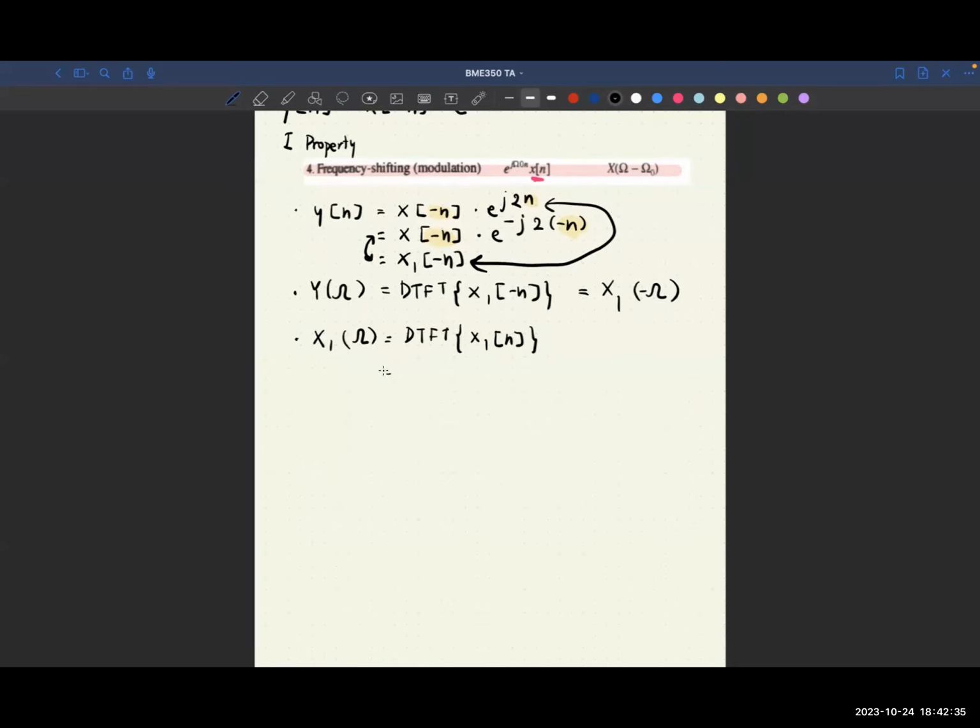And because we say that x1 of n is equal to x of n times e to the power of 2jn. Let me check something a little bit.